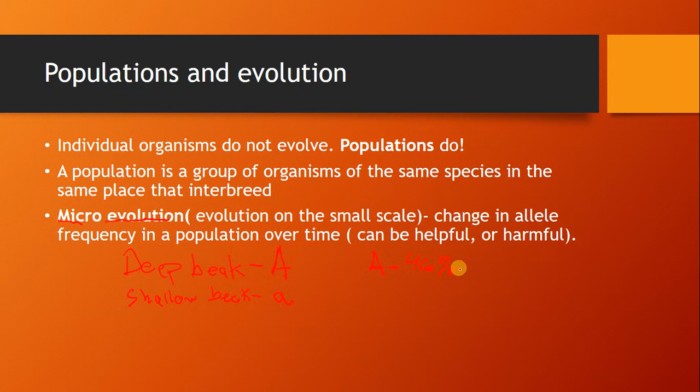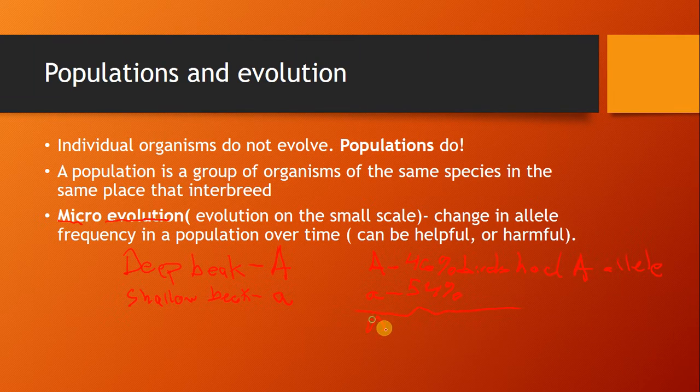That means only 46% of the birds had a copy of the A allele, and the frequency of the recessive a allele was 54%. So, out of the total number of alleles in the population, 46% were capital A's and 54% were small a's.